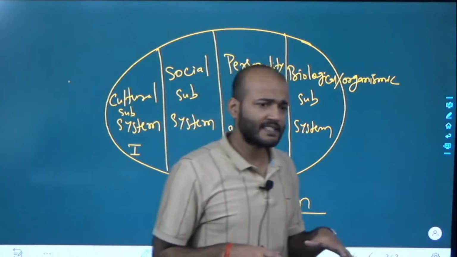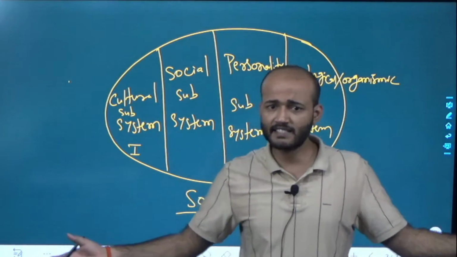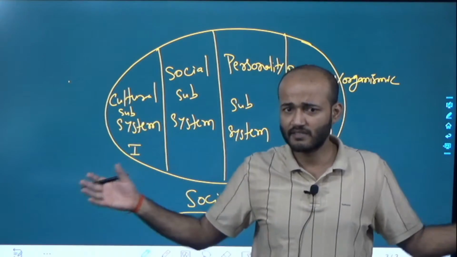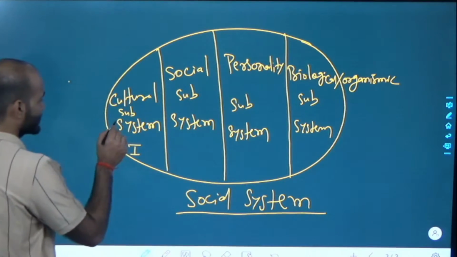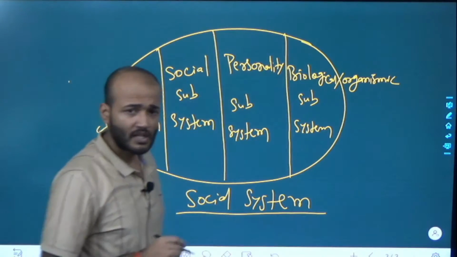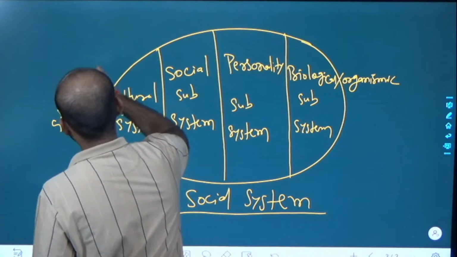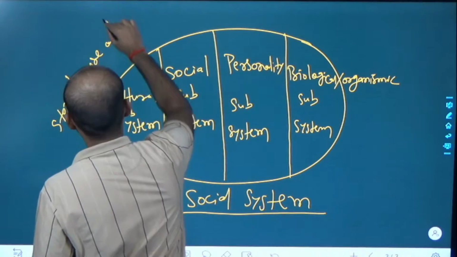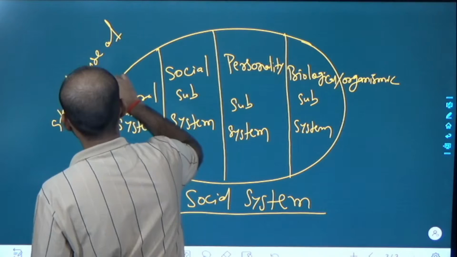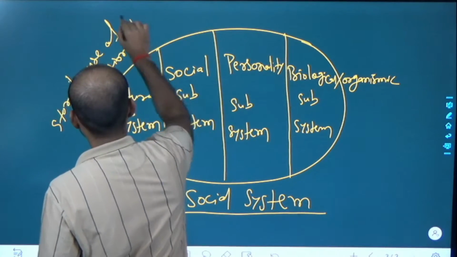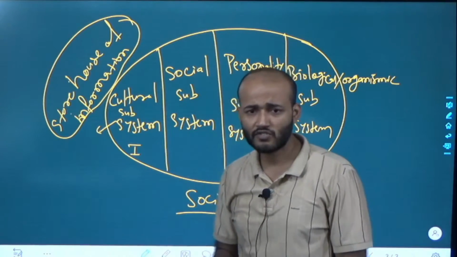In other words, culture is a storehouse of knowledge, because culture gathers all past knowledge and tradition. So sometimes we call it the cultural subsystem, a storehouse of knowledge, a storehouse of information.